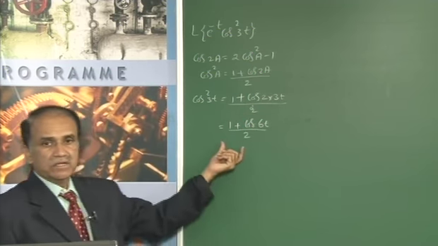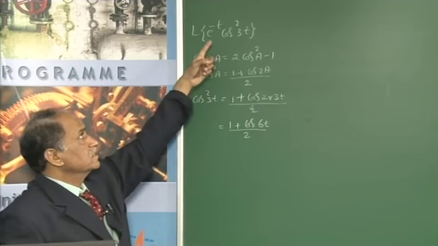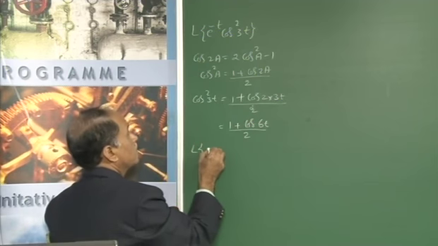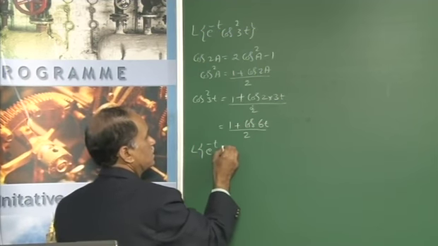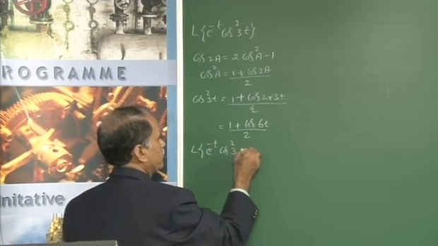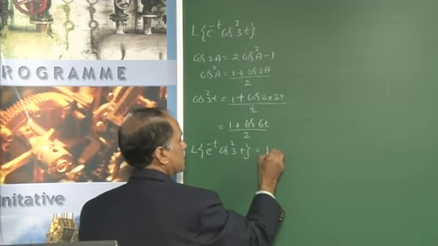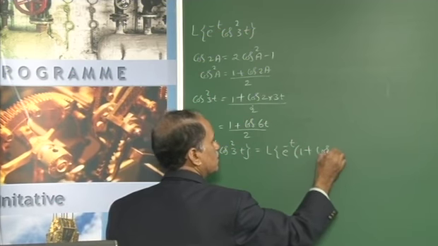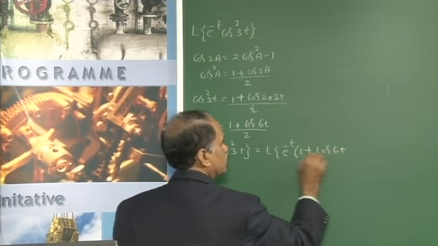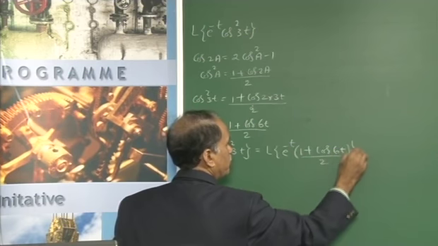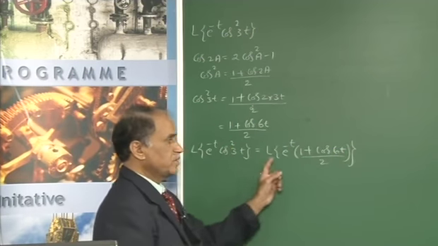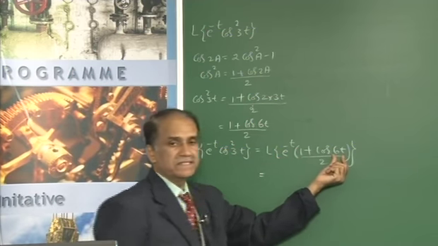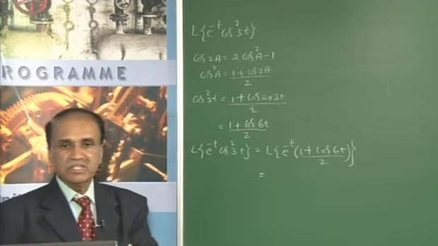So I am going to replace this value in the place of cos square 3t. Therefore, L of e to the power minus t cos square 3t can be taken as L of e to the power minus t into 1 plus cos of 6t divided by 2. Further, we can split this one: Laplace transform applied to the first term, Laplace transform applied to the second term. What is the property you are going to apply?